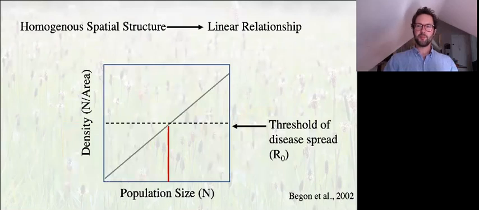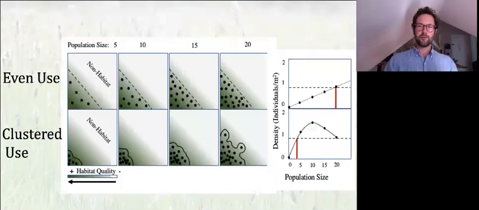Most epidemiological models assume a homogeneous spatial structure. One feature of this assumption is a direct linear relationship between population size, density, and the population threshold required to maintain a disease, known as R0. However, the way animals use habitat often has a spatial structure that influences how density interacts with population size.